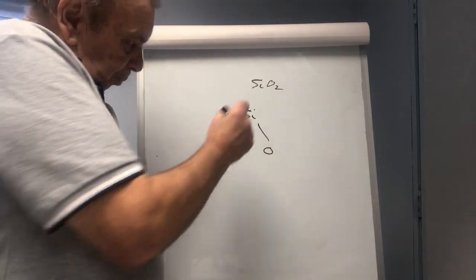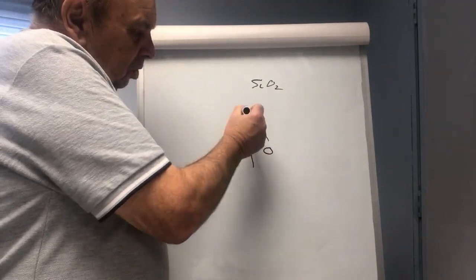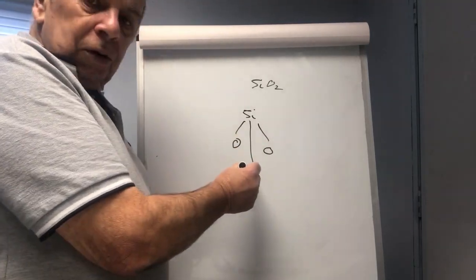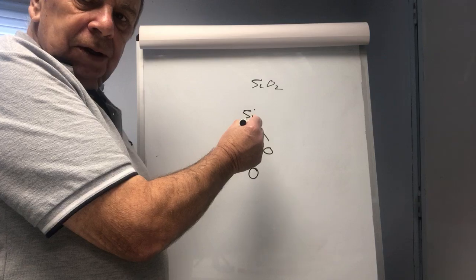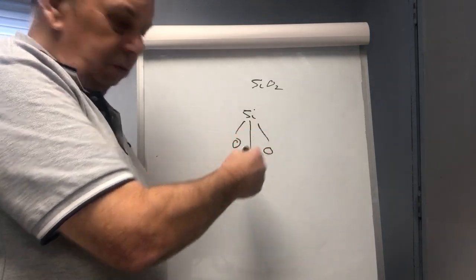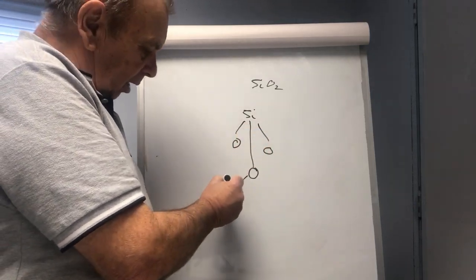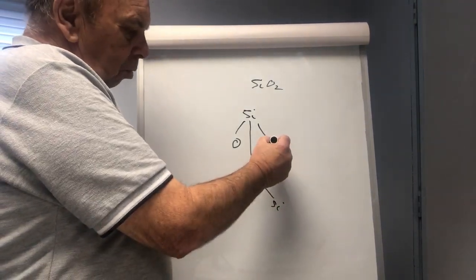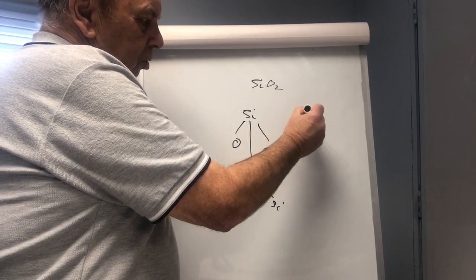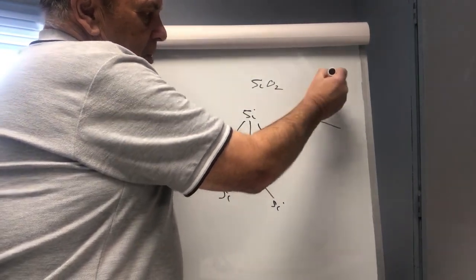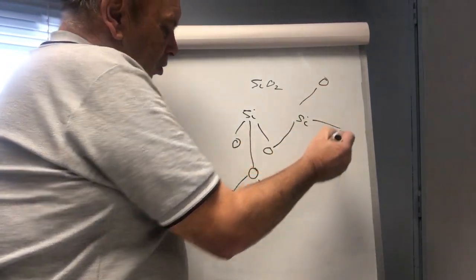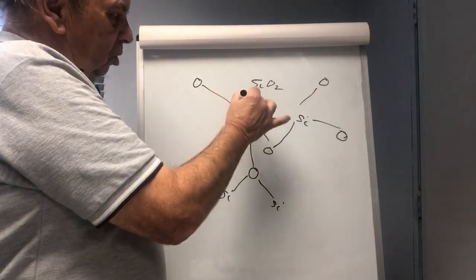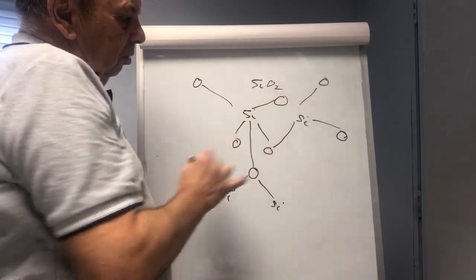But then you've got the silicon joined to more silicon dioxide molecules, and you'd have more and more of these, and that oxygen is joined to silicon, that's joined to oxygen, that one is joined to another oxygen, and there's another oxygen.